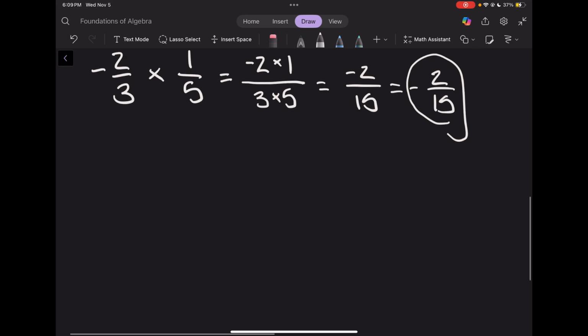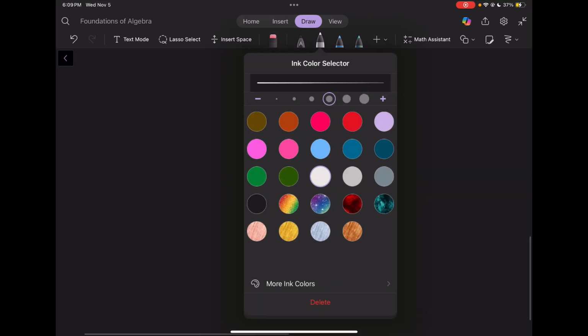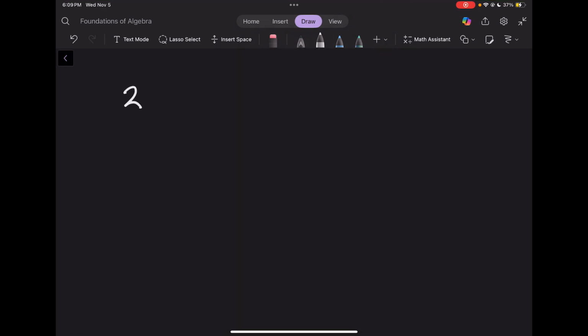There's another thing. Let's say you have some crazy number like 25/100 times, let's do 7/5, right? I might not want to multiply 25 times 7. I certainly can.